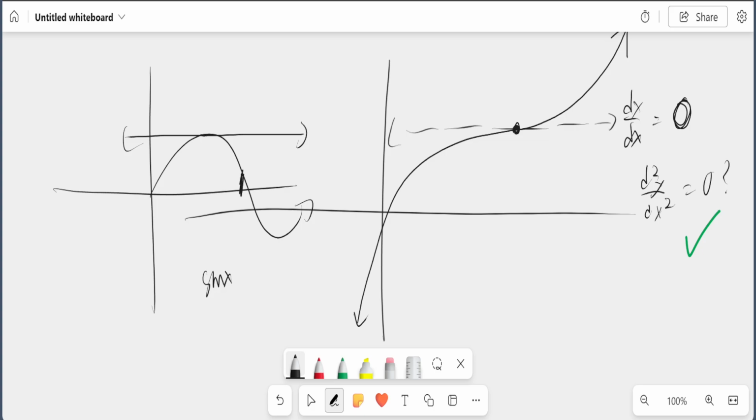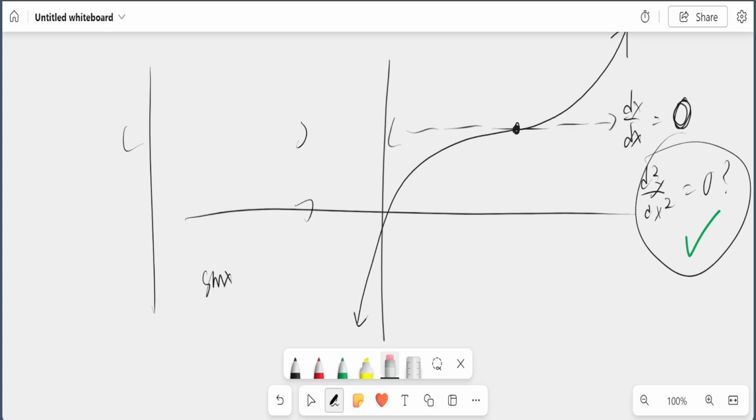So, do you want to explain why, Harshita? Explain what? Why this is 0? I was just thinking that the slope of the horizontal line would also be 0.